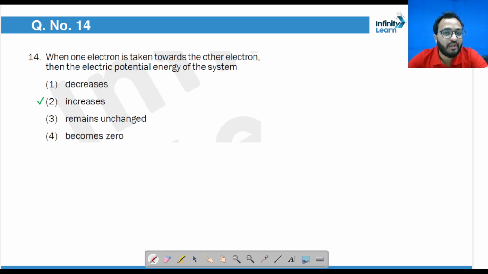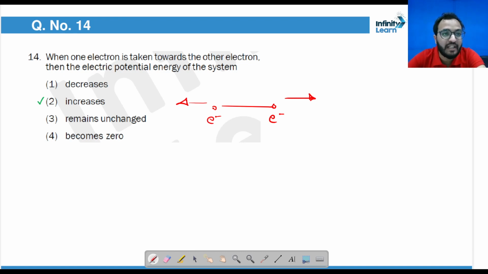When one electron is taken towards another electron, see, whenever we talk about the potential energy of the system, whether it will increase or decrease, just remember, whenever we are going against the internal force or the conservative force of the system, then potential energy increases. If we are going along the conservative force, then it is reducing. For example, these two electrons, they naturally want to go away from each other.